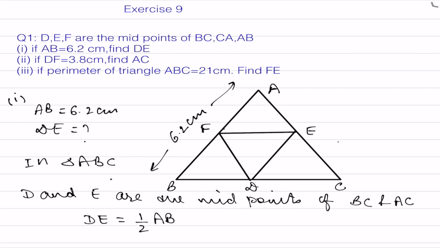Now, in this question we just need half of AB. Parallel we don't require, so there is no need to write it. So, DE is half of AB, and give the reason. Children, in geometry it's very important to give each and every reason, because if you do not give the proper reason, you will not get full marks. So, by midpoint theorem.